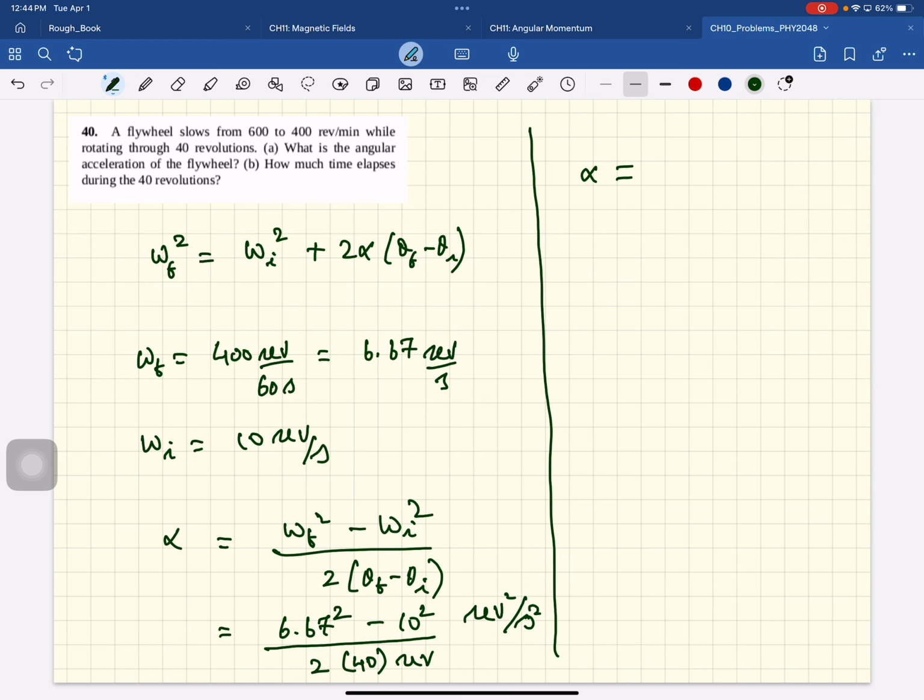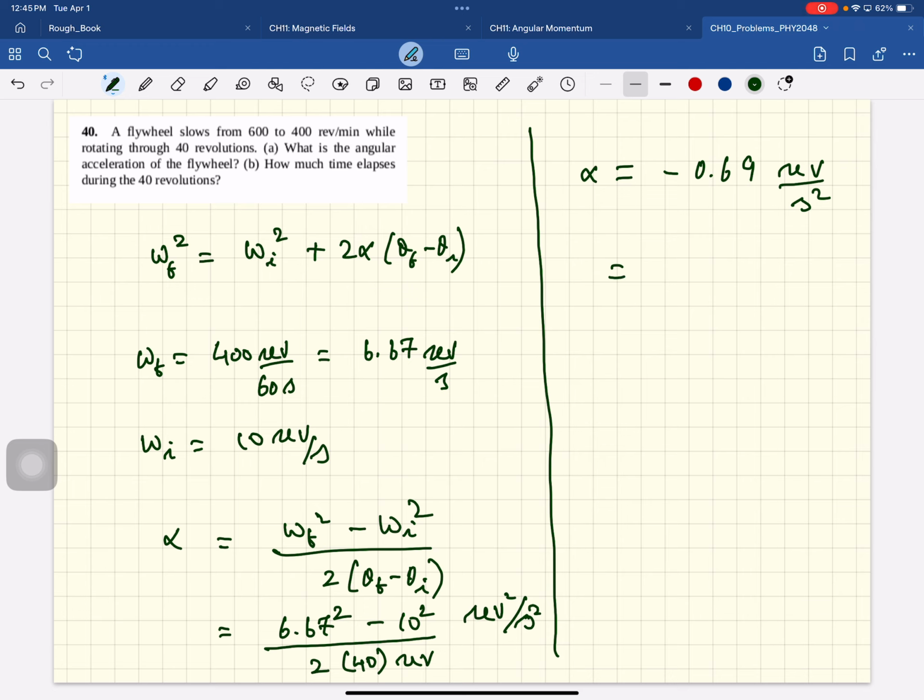So alpha is minus 0.69 revolutions per second square.